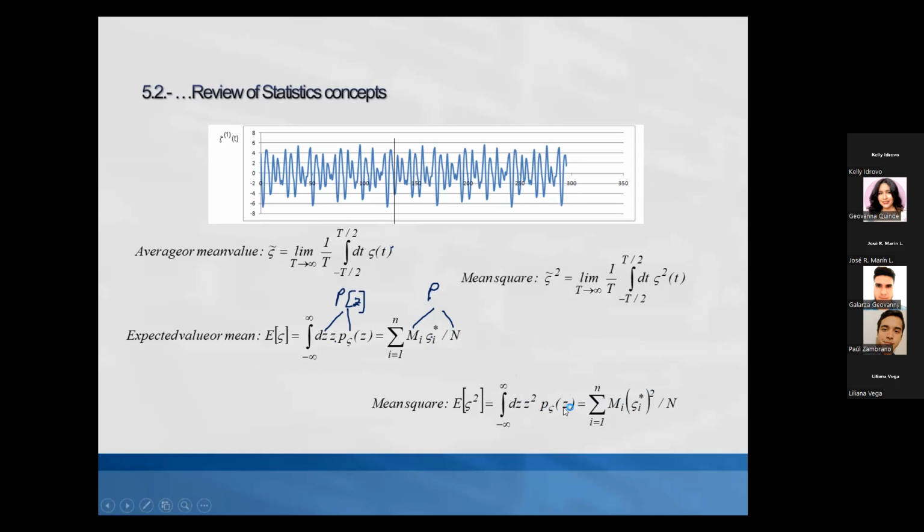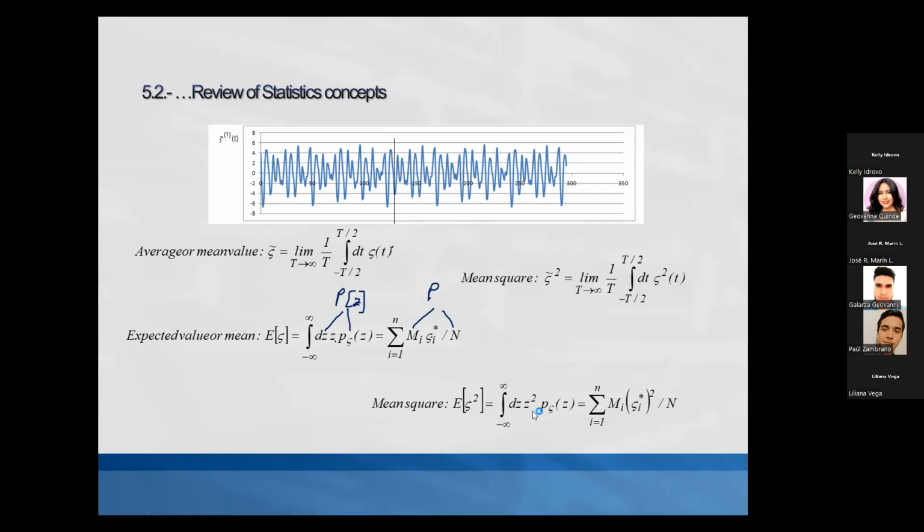But in this case, you know or assume the probability density function. So again, this z times little p is the probability square. So this is a summation which approximates this integral.